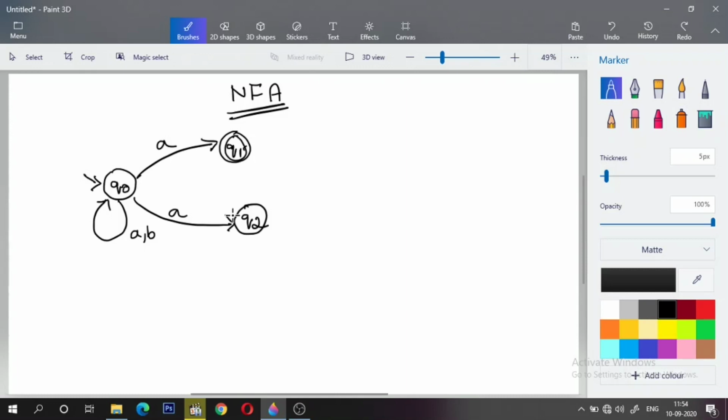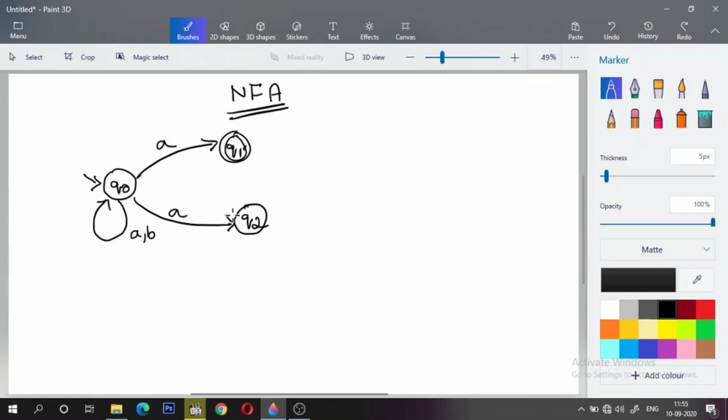Some of the provisions which are allowed in NFA are totally invalid in the design of DFA. As you can see in the transition diagram, being in state Q0, when encountered with A, it is possible to make 3 transitions. Q0 upon A, I can go to accepting state Q1. Q0 upon A, I can make a transition to Q2, and also Q0 upon A, I can have a self loop and remain in Q0.